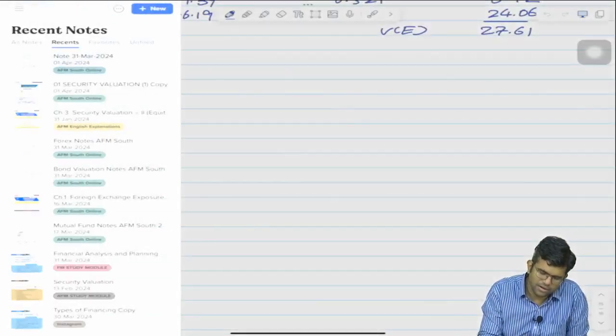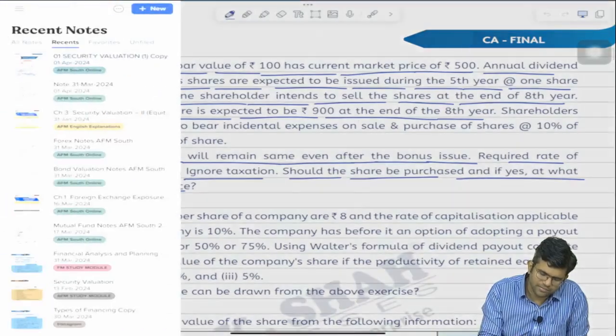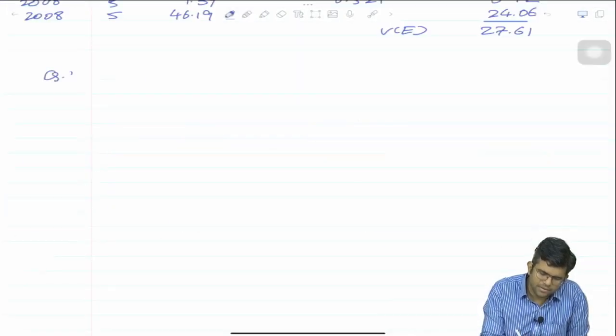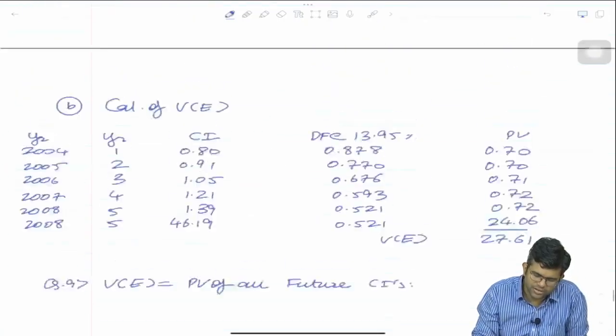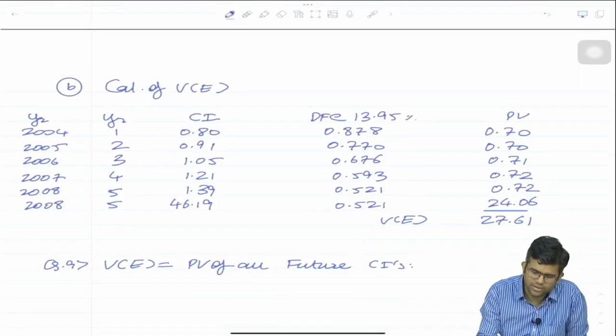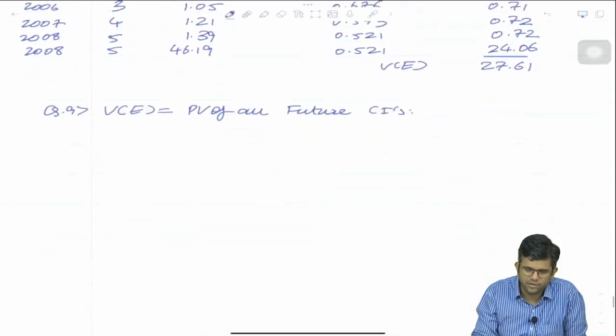Now wait, question number 9. See, they are asking you value of equity. Value of equity is present value of all future cash inflows, correct? Here also, value of equity is equal to present value of all future cash inflows. We have always been doing that only.